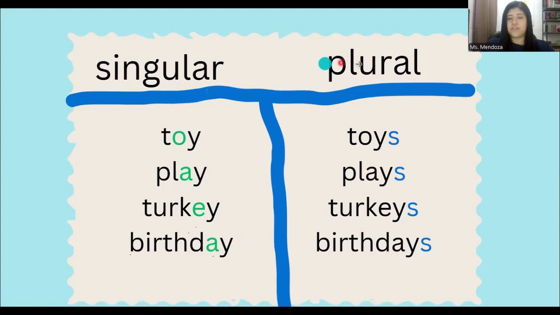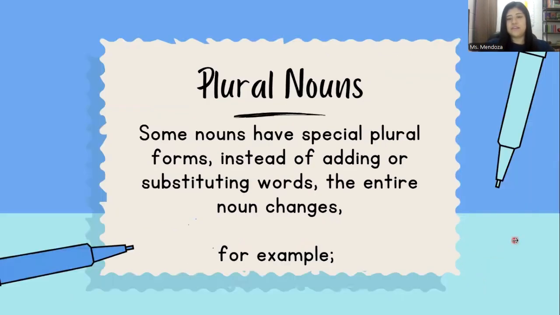In order to pronounce a plural toy, you would say toys. Play, plays. Turkey, turkeys. Birthday, birthdays. Good job.